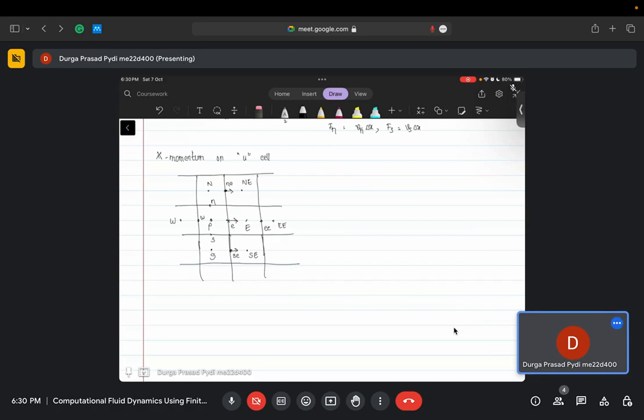So now the cell I will be solving is this, between P and E. So I need to discretize my equation for that. So what is my x momentum equation?